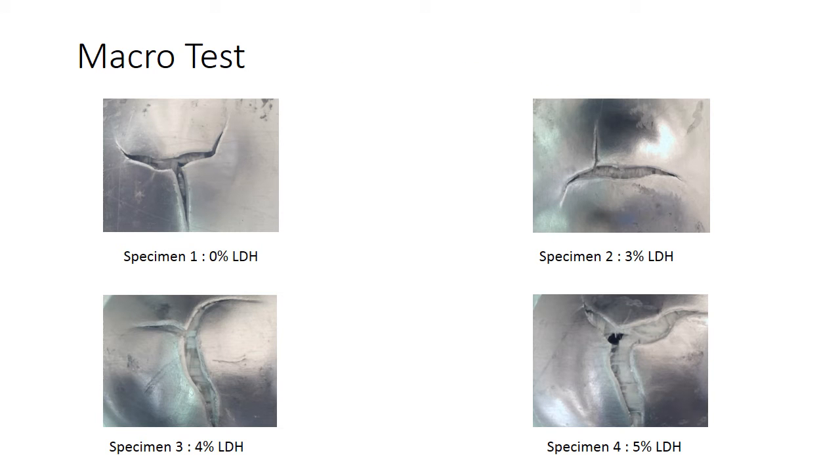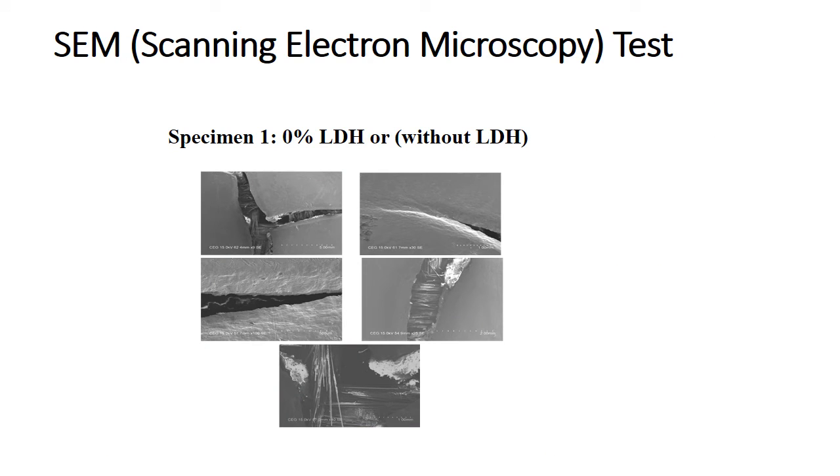This is the macro test. The images are clearly visible on specimens 1, 2, 3 and 4, consisting of 0%, 3%, 4% and 5% LDH. Then I did the SEM test on the initial specimen, starting with specimen 1 of 0% LDH, or without LDH. 5 images are shown for each specimen.